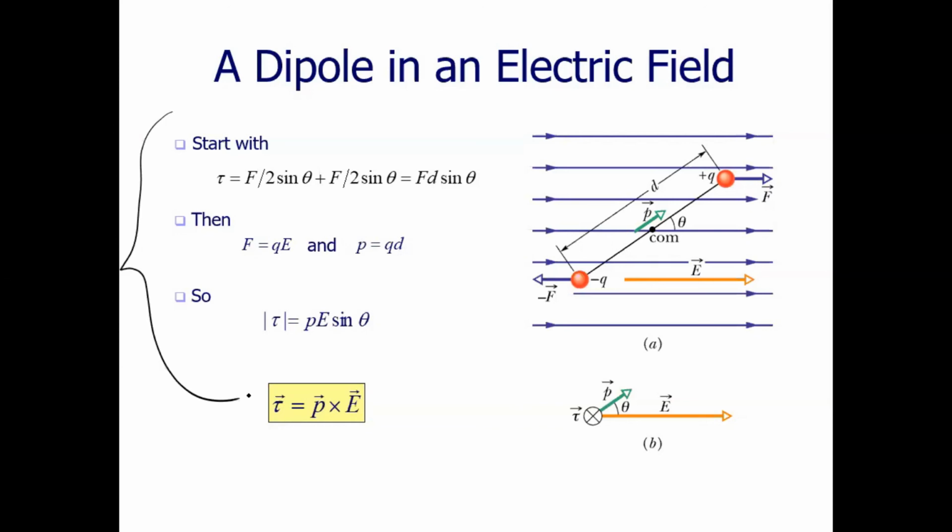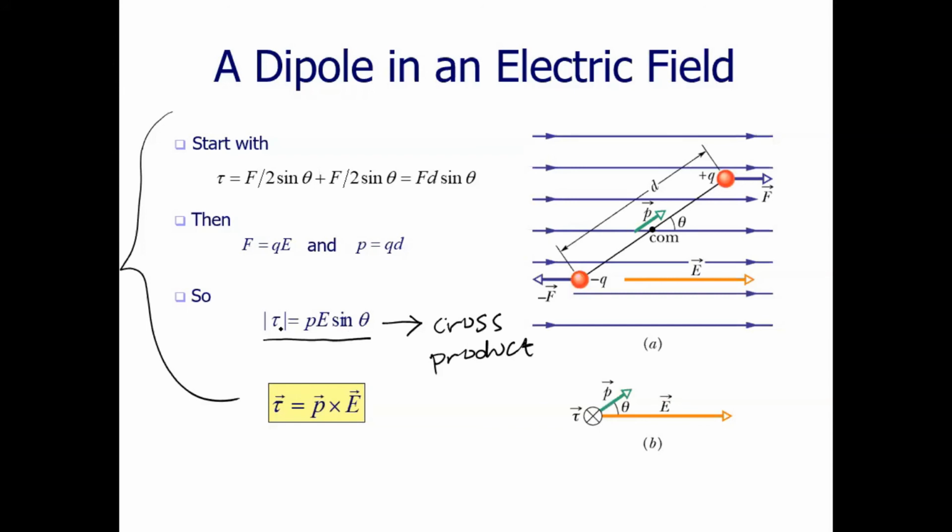At that point, we reached where we said the torque can be given by that equation. From your mathematics, I want to remind you of the cross product. In vector calculus, you learned about the dot product and the cross product.